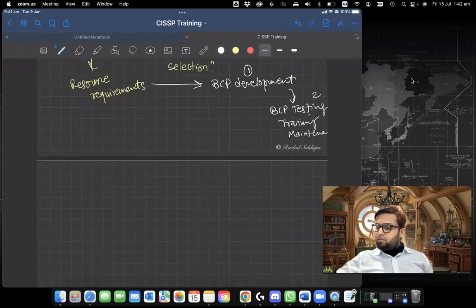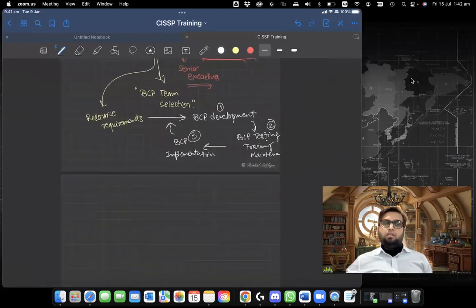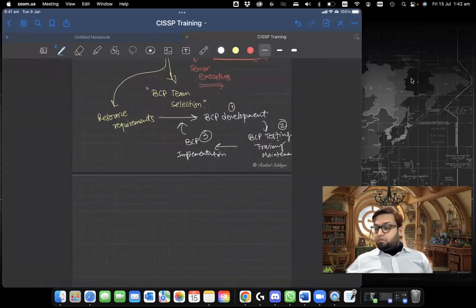This will also need some resources. And of course, as part of BCP, we will be doing some implementations, which will also need resources. So all those things come into the resource requirement, right? It's important to know these three things: BCP development, testing, training and maintenance, and BCP implementation.